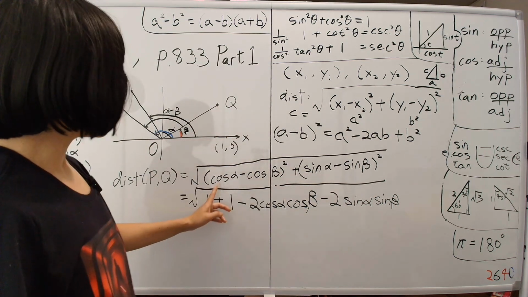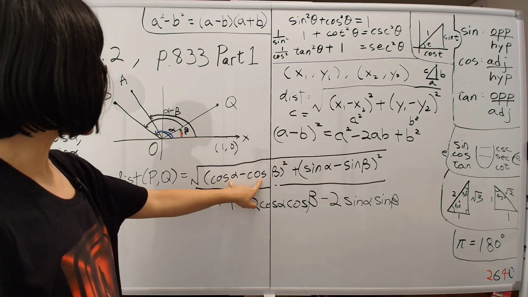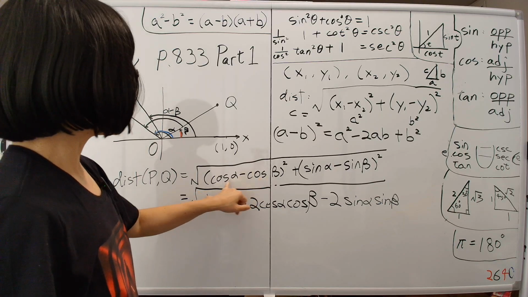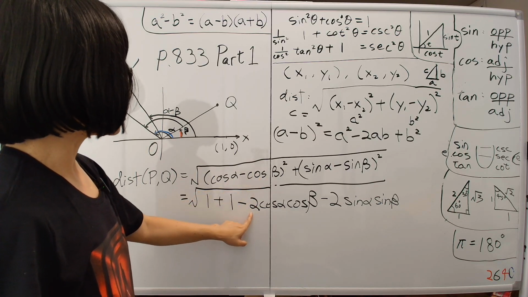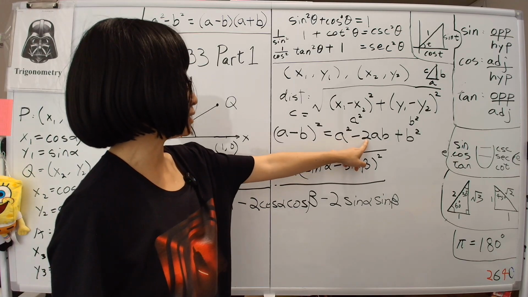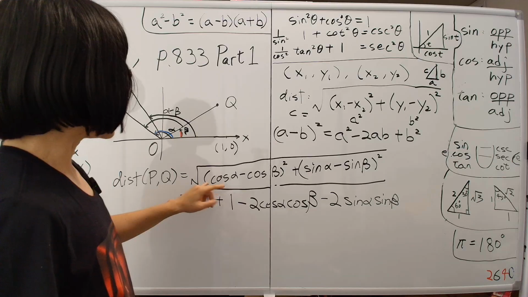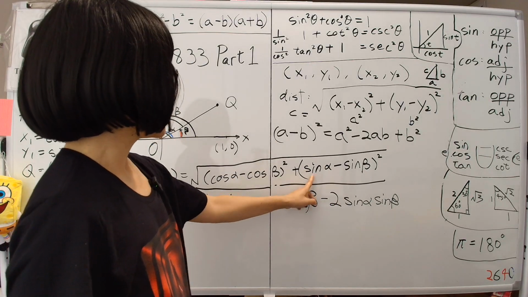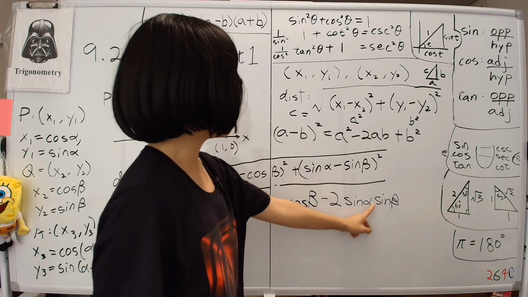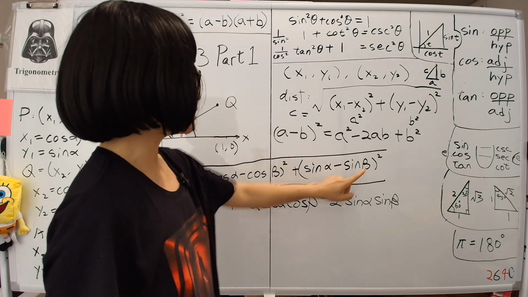So what happened is that when we square this, we'll have cosine alpha squared, and then minus 2 cosine alpha cosine beta, and then cosine beta squared. And over here, similarly, we'll have sine alpha squared, and then minus 2 sine alpha sine beta, and then plus sine beta squared.